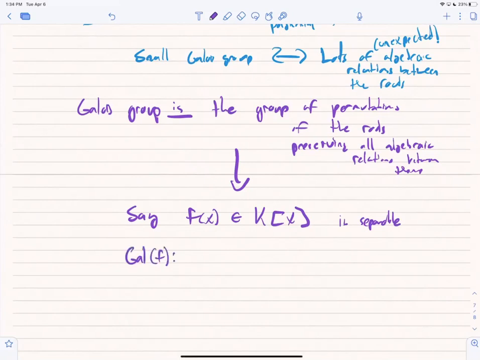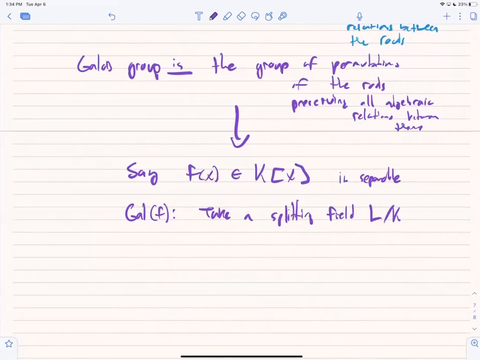So what does that mean? Well, it means take a splitting field L over K, and then look at Aut L over K.